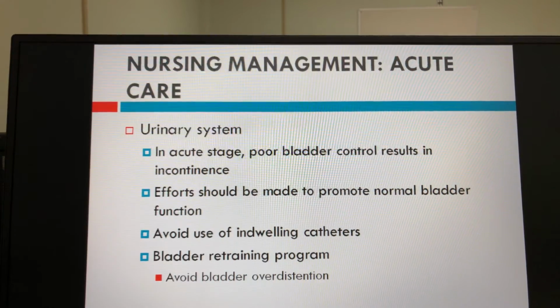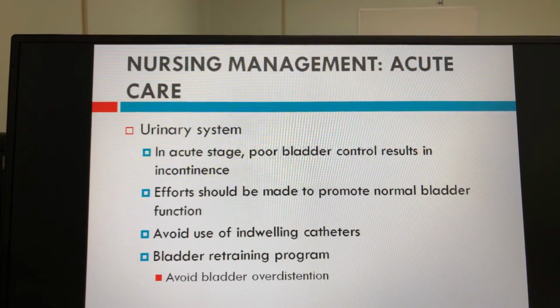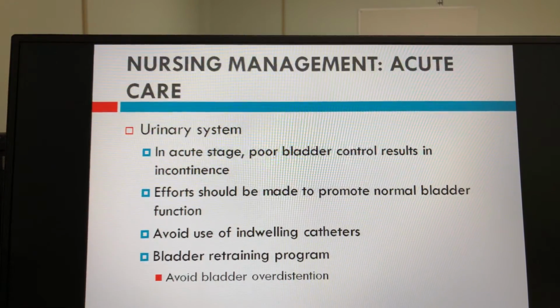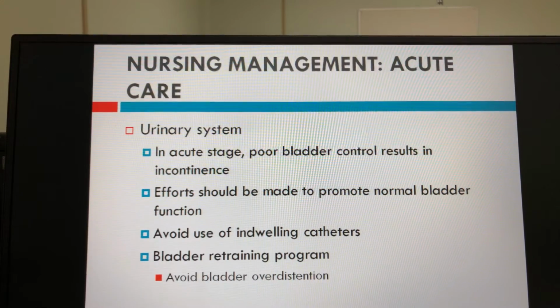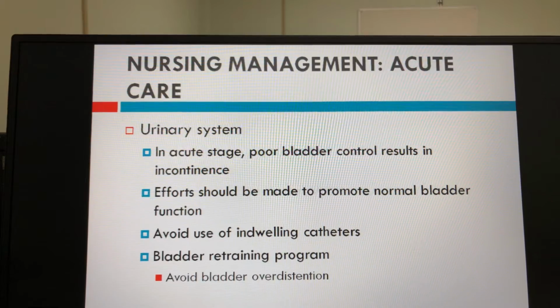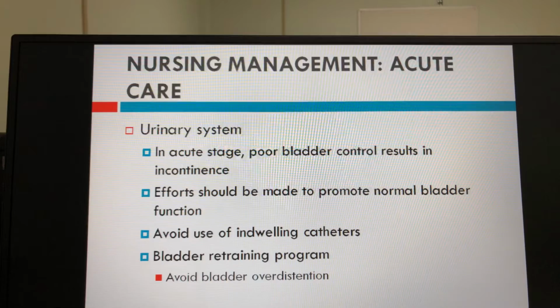A bladder retraining program consists of providing adequate fluid intake, with most of it being given between 7 a.m. and 7 p.m., scheduled toileting every 2 hours using a bedpan, bedside commode, or actually taking the patient to the bathroom if that's possible. Noting signs of restlessness, which may indicate the need for urination, and assessment for bladder distension and palpation.